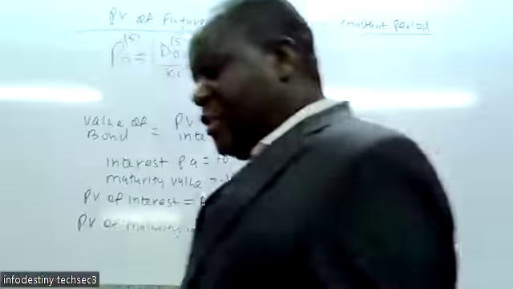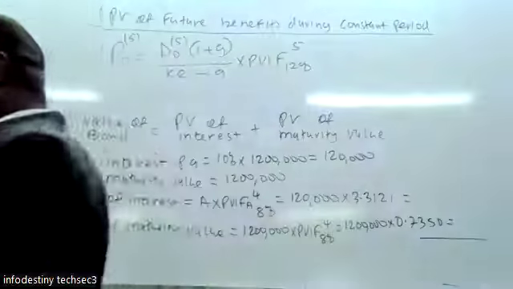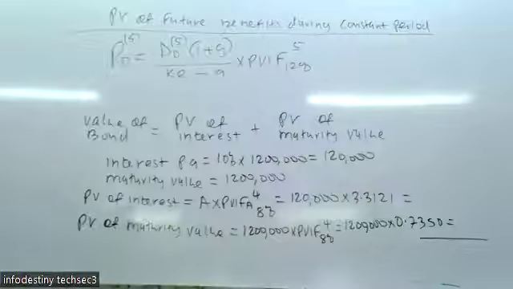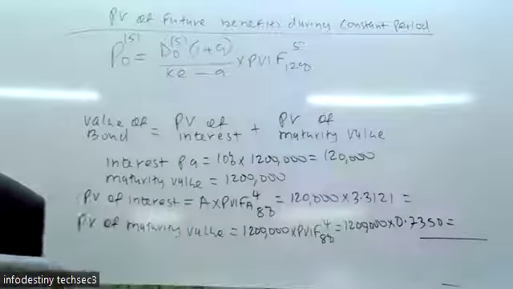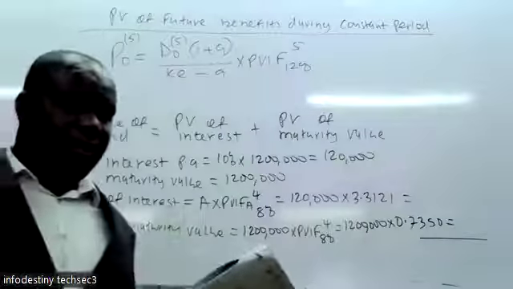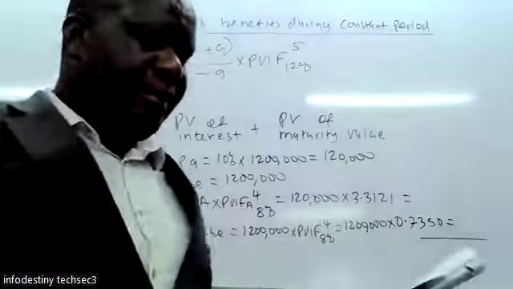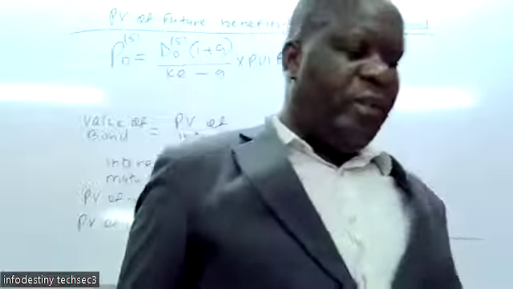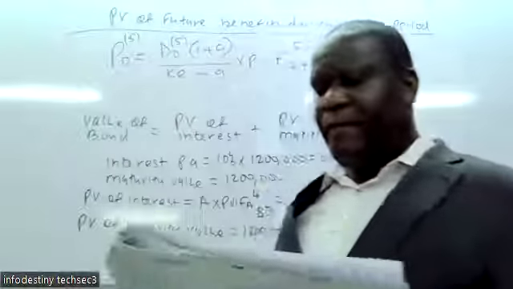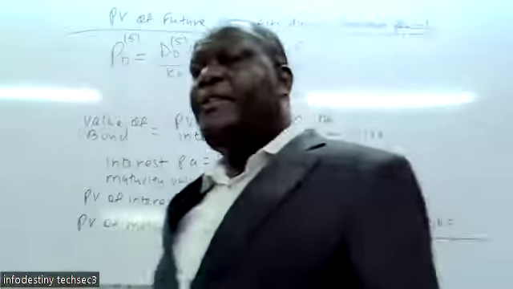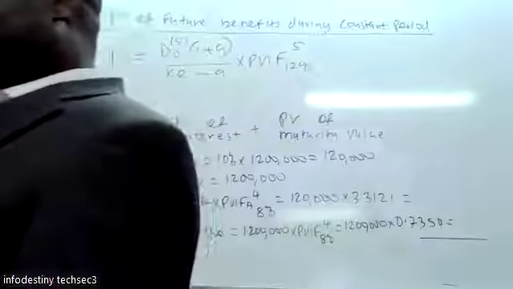Each ordinary share is currently trading at the Securities Exchange for 50 shillings. It is expected that the share price will increase at a constant rate of 5% each year.